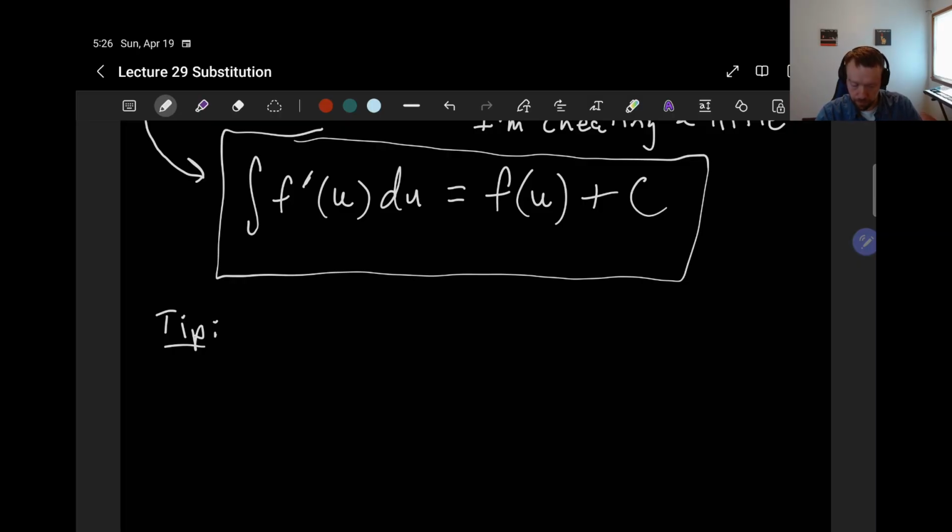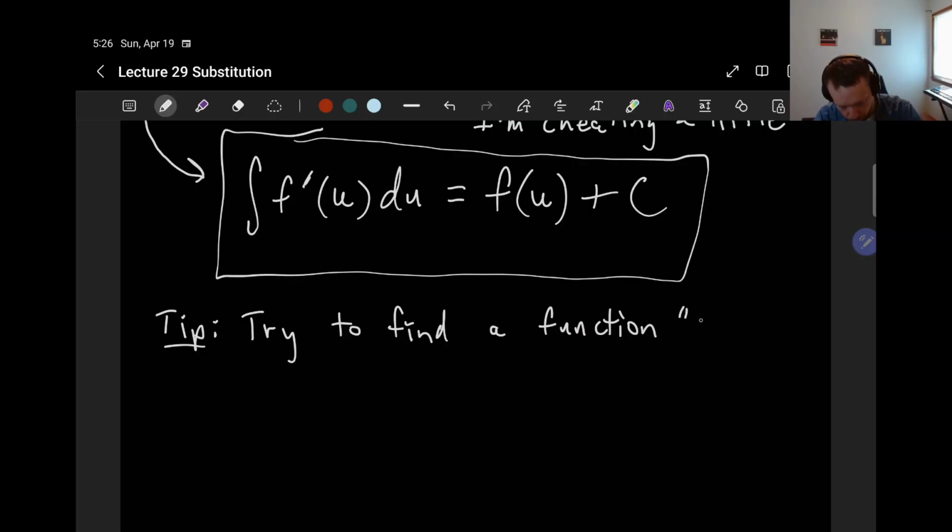For that, try to find a function, quote unquote, inside, or an input of another function.